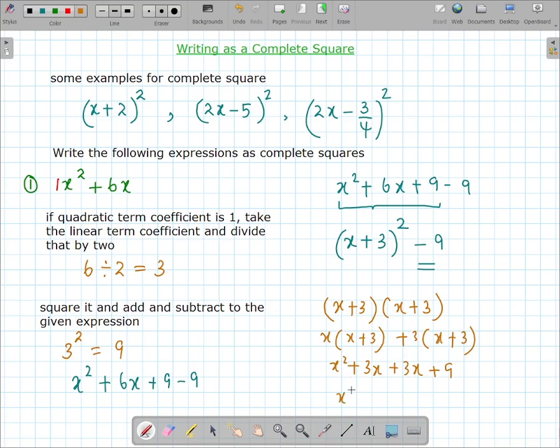Then we have like terms, 3x and 3x, that is 6x plus 9. Yes, we get this answer. So this can be written as (x plus 3) to the power 2. So this answer is correct.